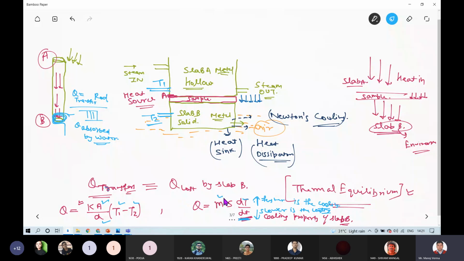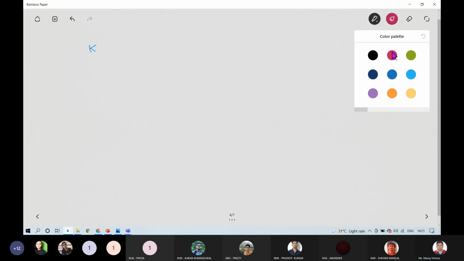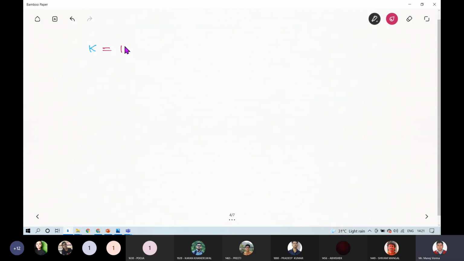We can measure the mass of this slab B, we can have the value of S, we can have dT by dt. So we have all the parameters. The value of Q was equal to K A (T1 minus T2) by d, and the value of Q was equal to m S dT by dt.